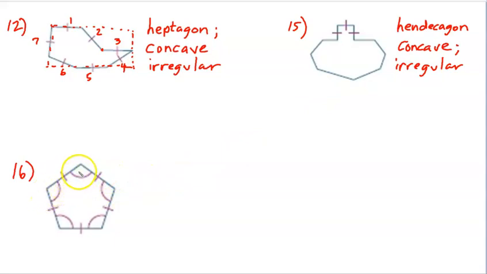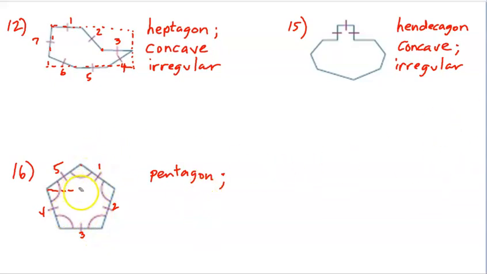Now 16 is a 1, 2, 3, 4, 5-sided polygon, which is a pentagon. It is convex because we don't have any intersecting lines, any points on the interior. So a concave one would look more like this, where these would come in like this and intersect. That would make it concave.